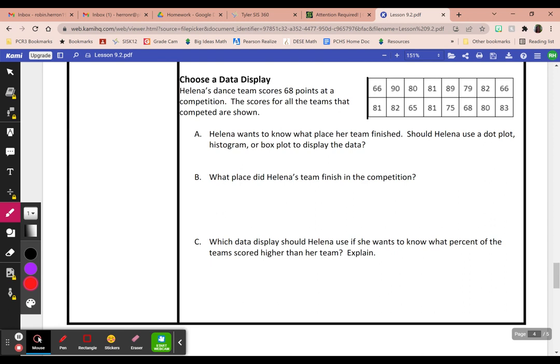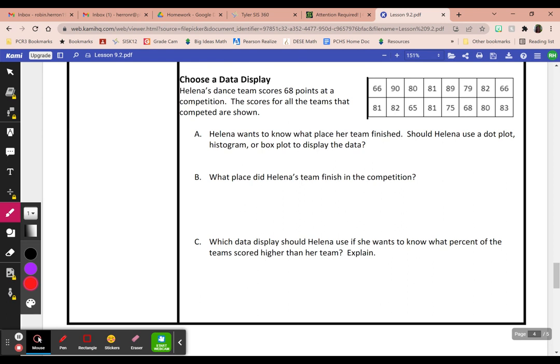Helena's dance team scores 68 points at competition. The scores for all the teams that competed are shown. Helena wants to know what place her team finished. Should Helena use a dot plot, a histogram, or a box plot to display the data?